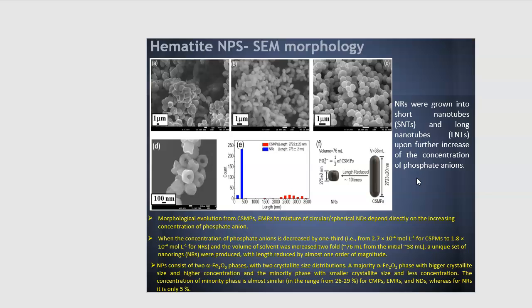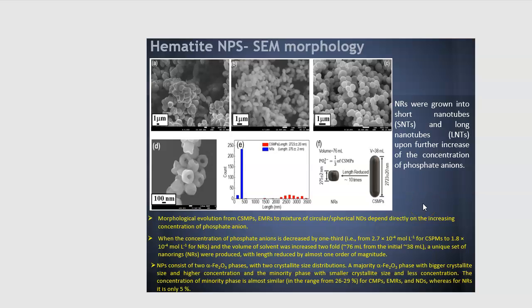Here you can see these capsule-shaped microparticles and how they are converted to nanorings. If we compare the length of this capsule, it is reduced almost 10 times by changing the synthesis condition.